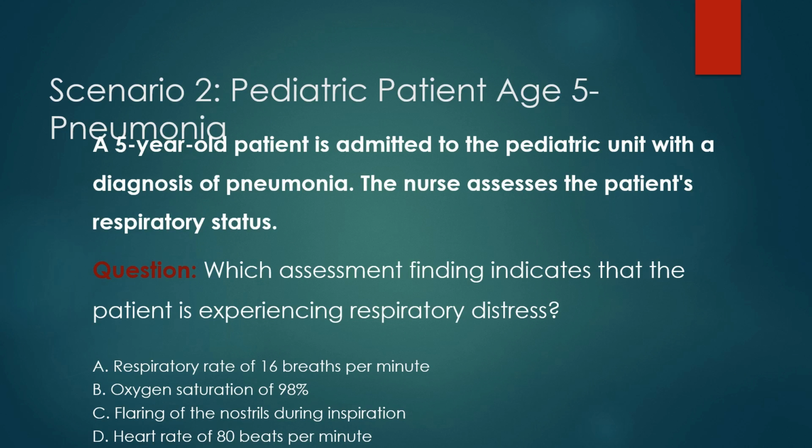Okay, we have A, respiratory rate of 16 breaths per minute. B, oxygen saturation of 98%. C, flaring of the nostrils during inspiration. And last, D, heart rate of 80 beats per minute.